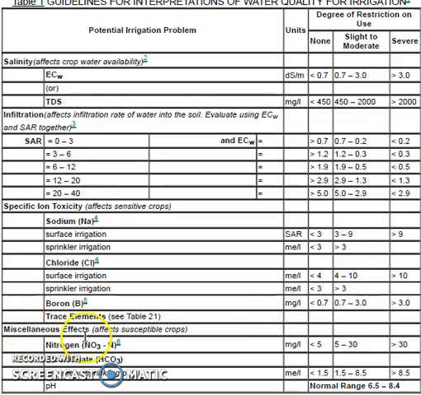Miscellaneous effects. The first one is nitrogen as nitrate. If its concentration is less than 5 milligram per liter, no problem. If it is 30, then you have a severe problem. One can ask me that nitrate is a macronutrient, and usually farmers add nitrate as a fertilizer. How can it be toxic?